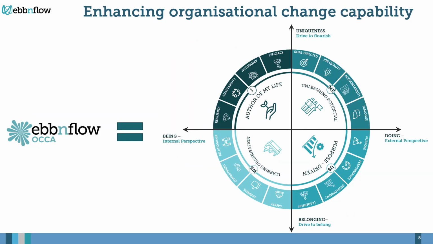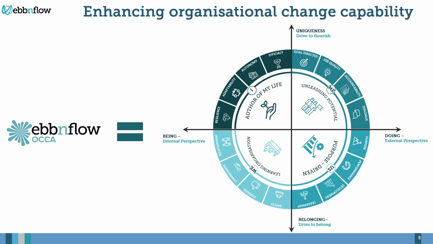So at Ebb and Flow, we've taken a more holistic approach to organisational change, trying to understand how different elements of people's experience of working at an organisation affect their capability to change. We build a framework around 16 robust constructs in organisational development and change, which we know from multiple sources of evidence are most likely to deliver change success.